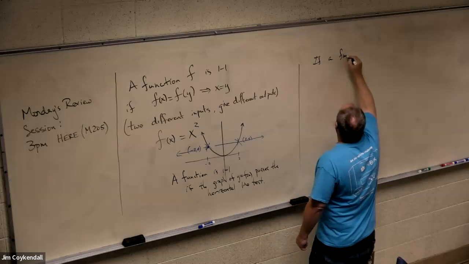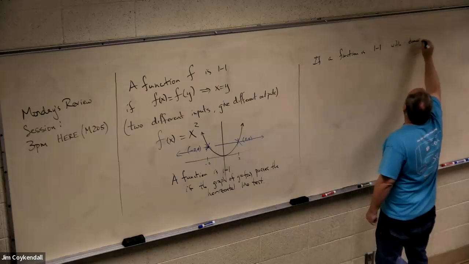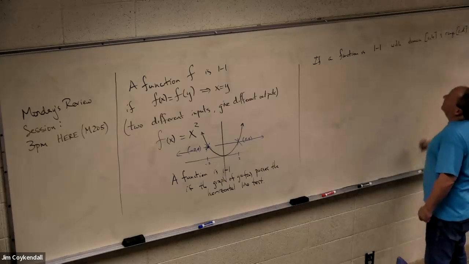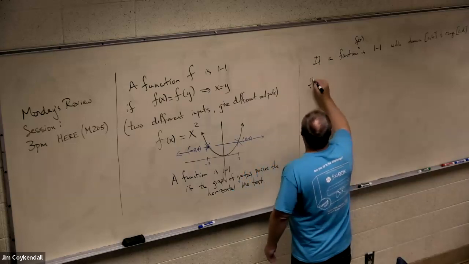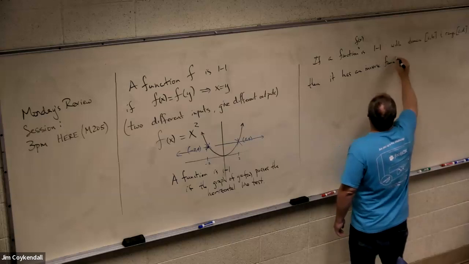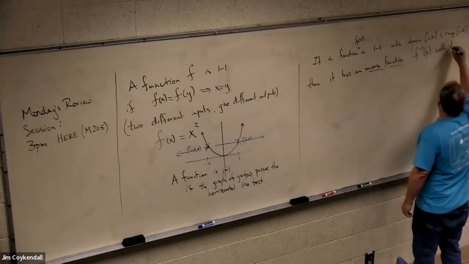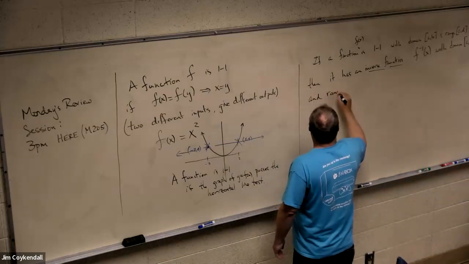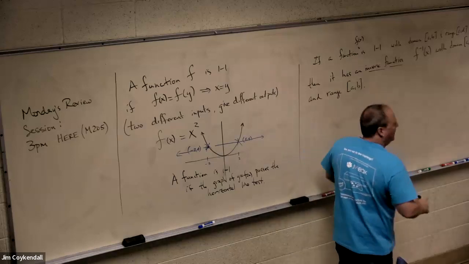Suppose f is one-to-one with domain A to B and range C to D. Then f has an inverse, with domain C to D and range A to B. Let's be more specific.